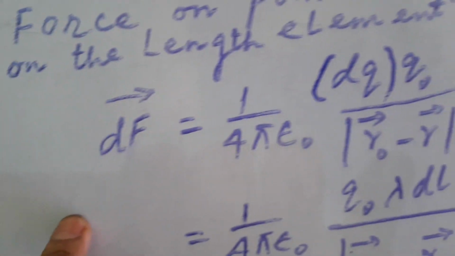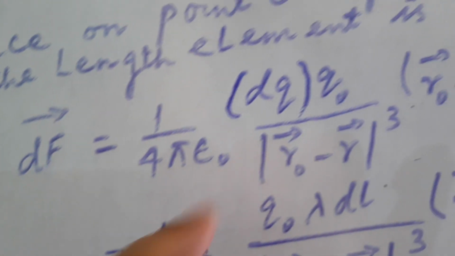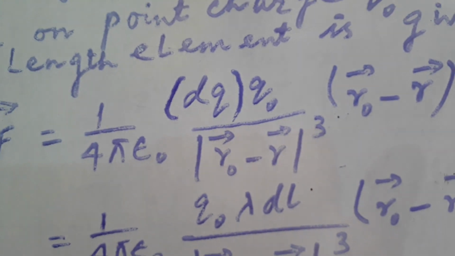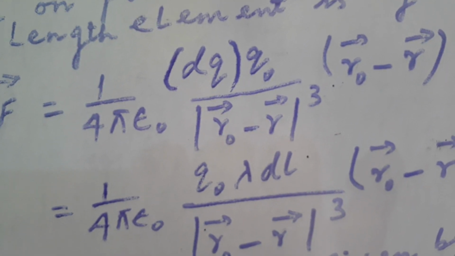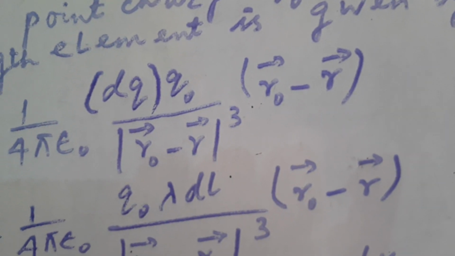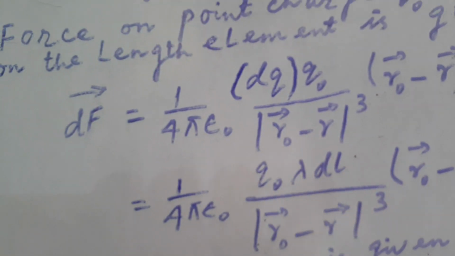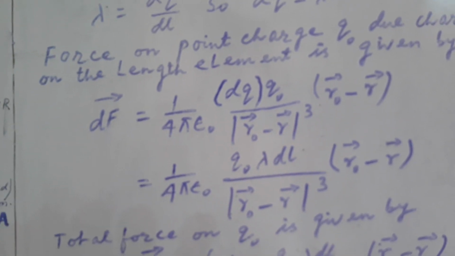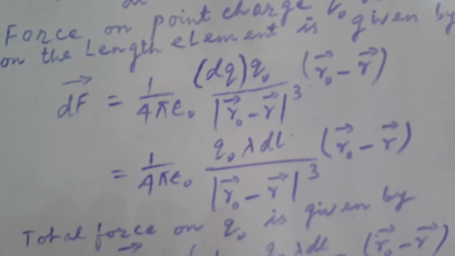Then a small force is given by 1 by 4 pi epsilon naught, dq into q naught by modulus r naught minus r whole cube into r naught minus r. This is force in terms of position vector.